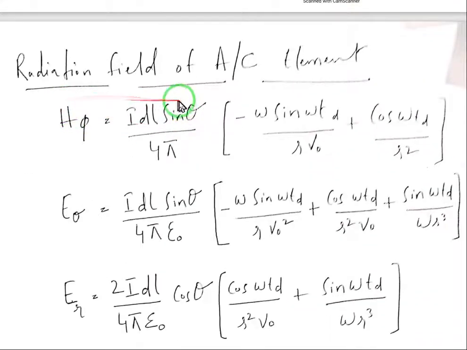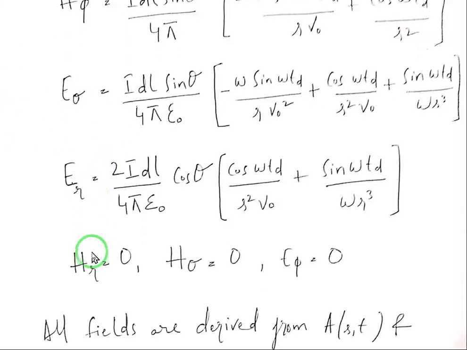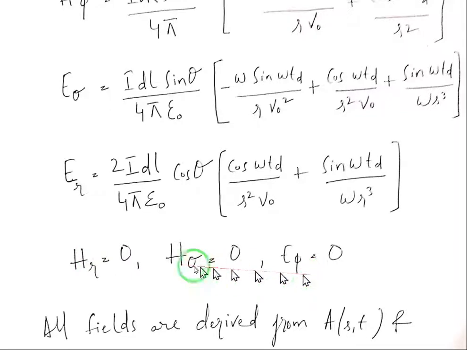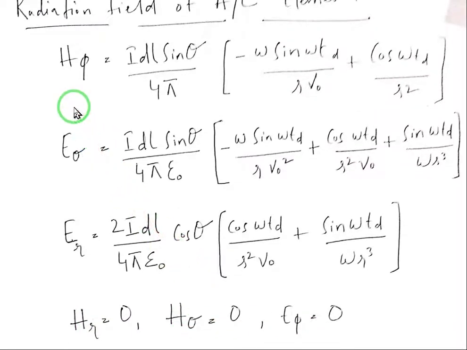So here radiation field of alternate current element is not being derived. It has just the end result which has come out of the derivation as the H, E, ER, HR, H theta and E phi. Basically we have three radiation patterns for each field.